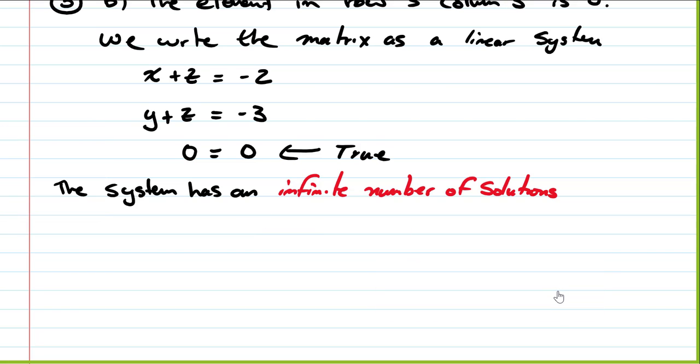So when the system has an infinite number of solutions, we must parameterize the solution.